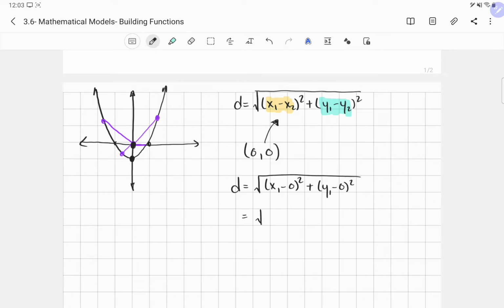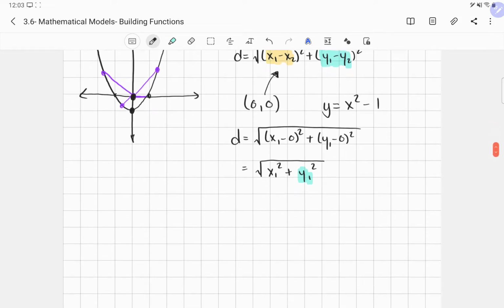Then we get the square root of x sub 1 squared plus y sub 1 squared. Again, we run into this problem where we still have y in our function. We want to get rid of that. So the way we're going to do that is by replacing it with this function here.